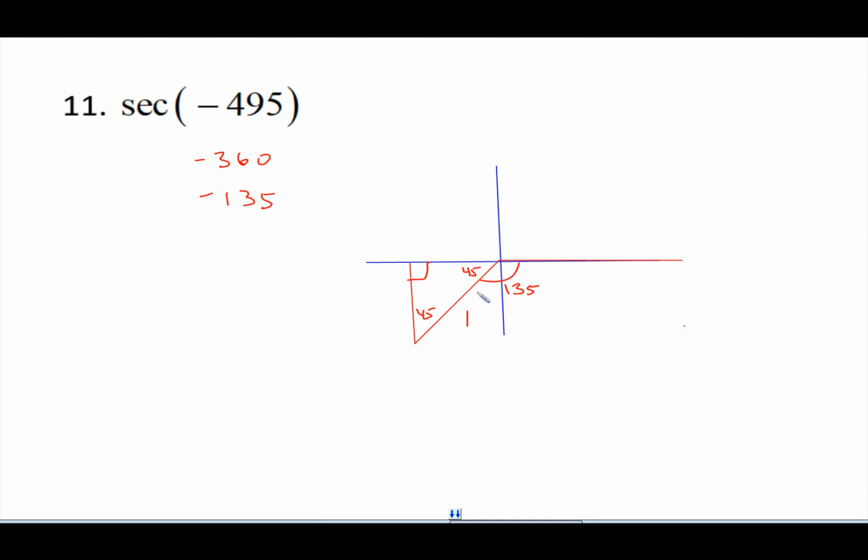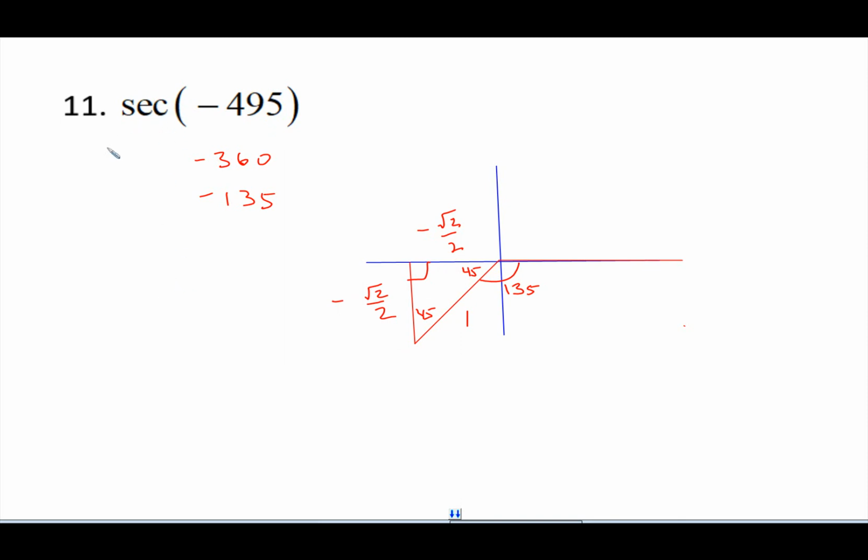The hypotenuse is 1 because that's the radius. So these two side lengths are going to be rad 2 over 2 and rad 2 over 2. Over here, x's are negative and y's are also negative. We're finding secant.